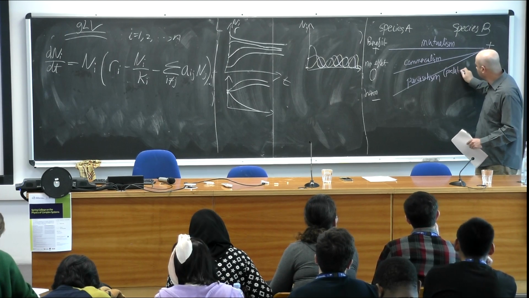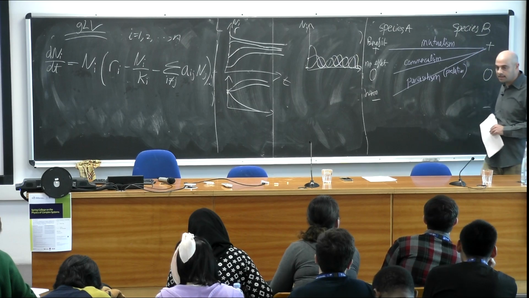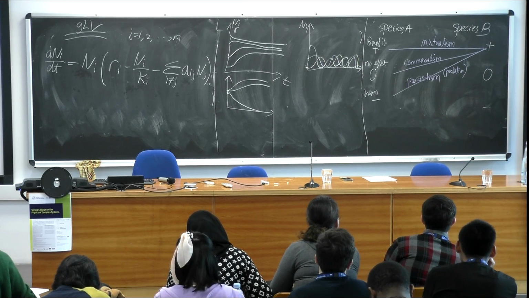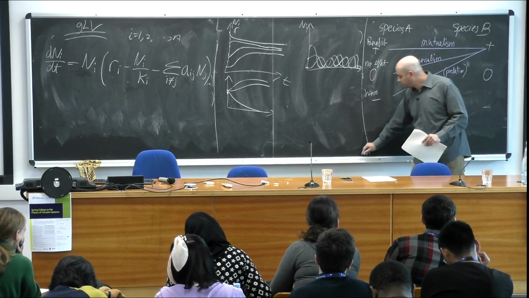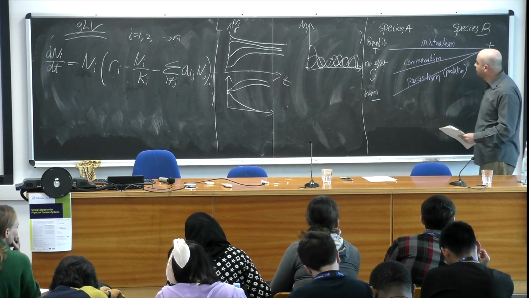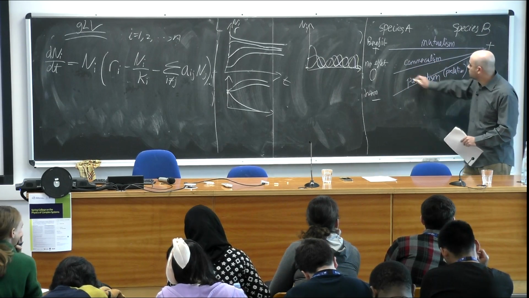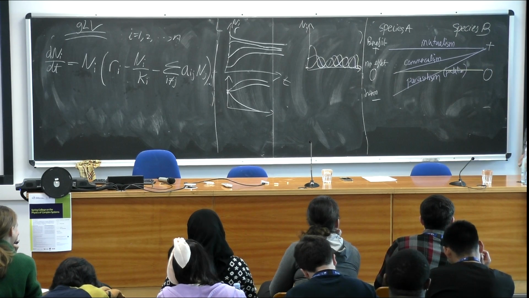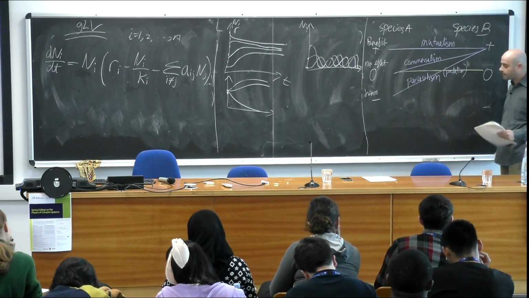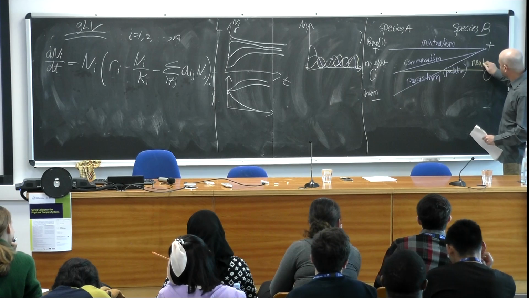So I'm writing it here in parentheses. Okay. Also, what we have is, let me do it in yellow, they basically don't affect each other at all, right? So this is just neutralism.